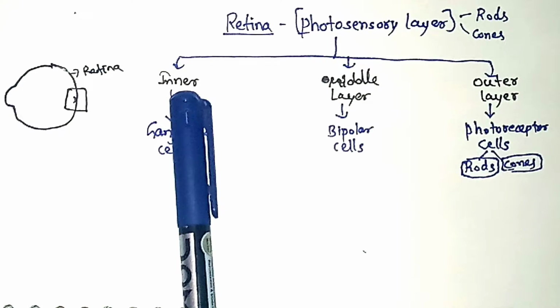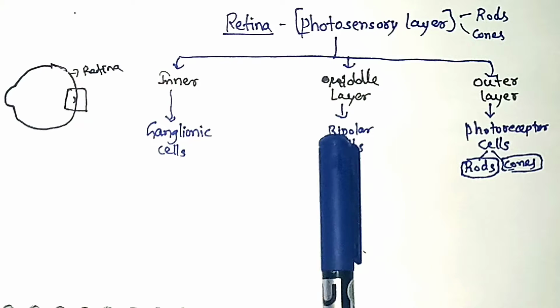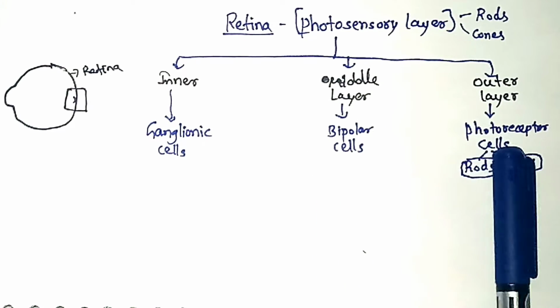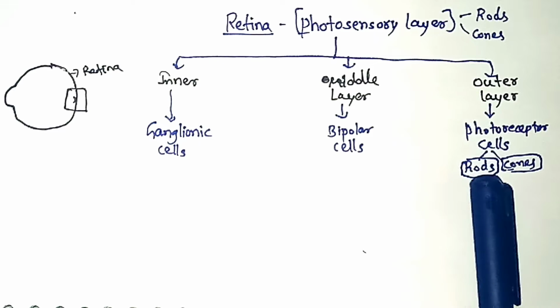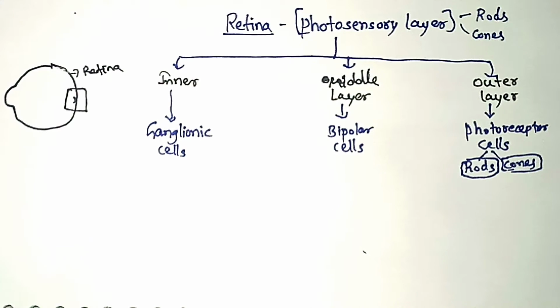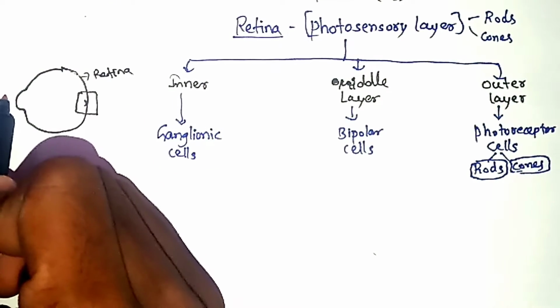The inner layer consists of ganglionic cells, the middle layer consists of bipolar cells, and the outer layer consists of photoreceptor cells, that is, rods and cones. Now I will show the path of light.